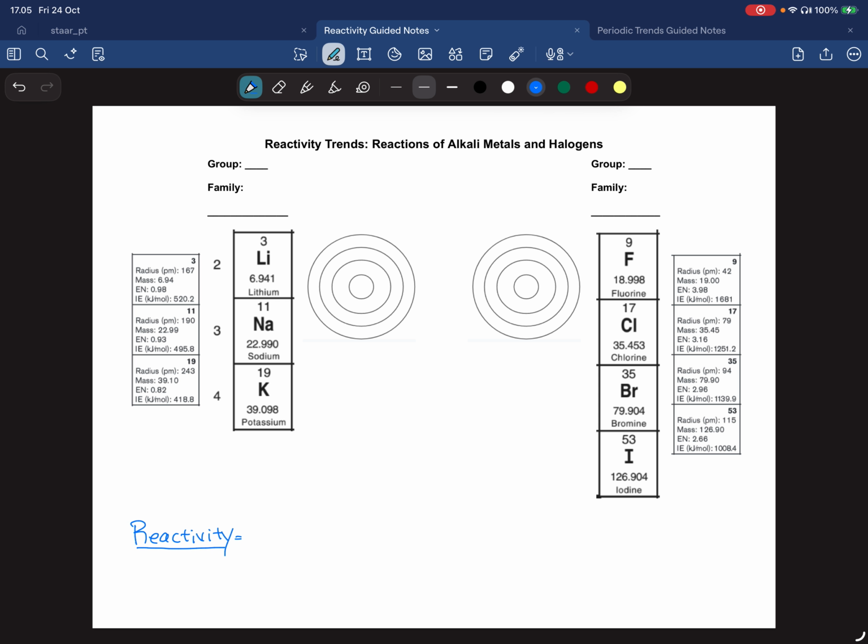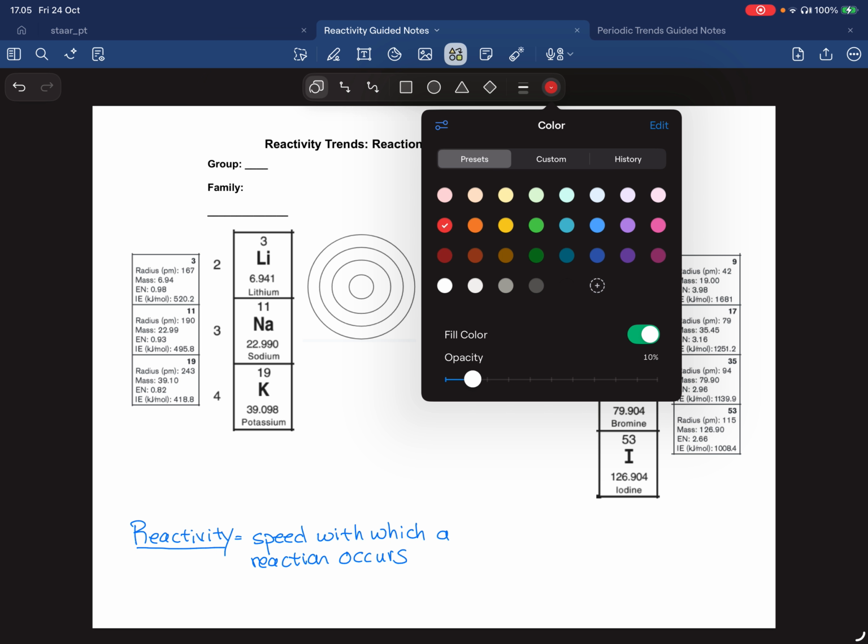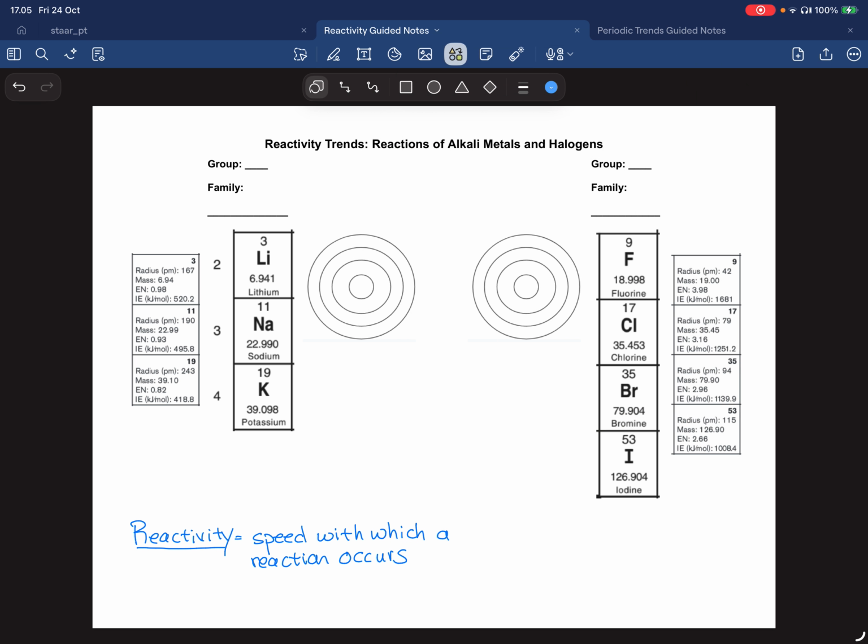We're going to say that reactivity is the speed with which a reaction occurs. So the faster the reaction happens, the more reactive the atoms or molecules that participate in the reaction are.